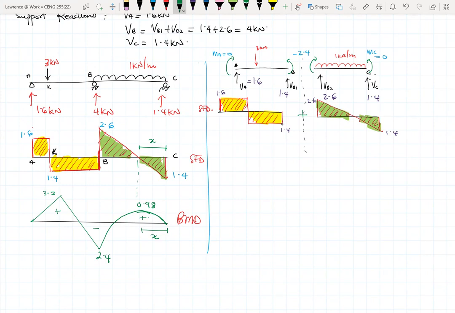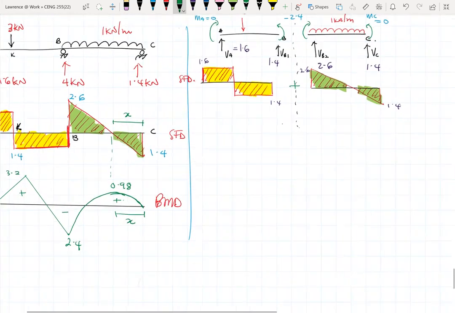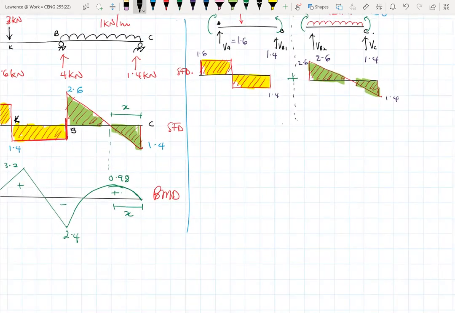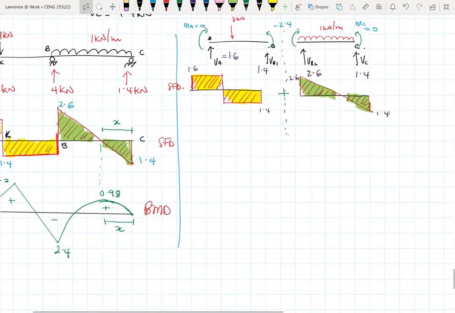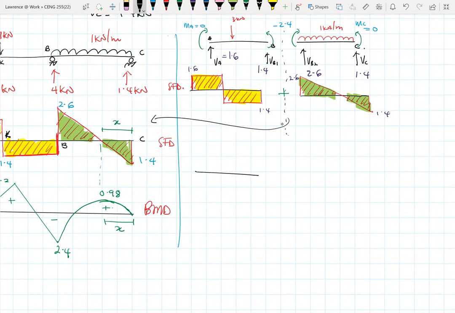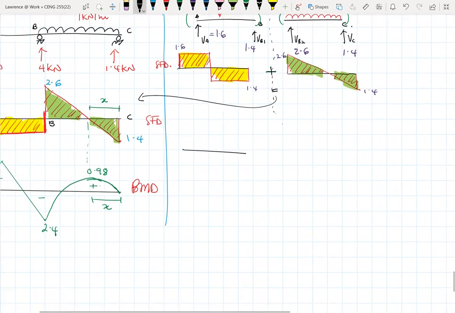In the same way, you can also do the same for the bending moment if you want to put them in different modes. So you have this, and this plus that will give us everything over here. It's pretty much the same thing.